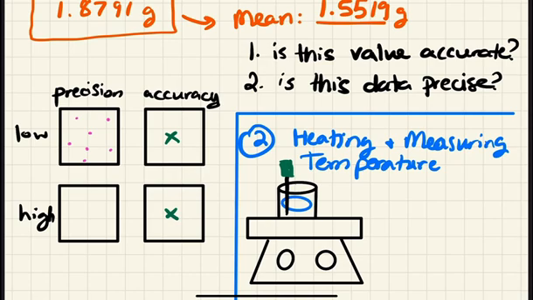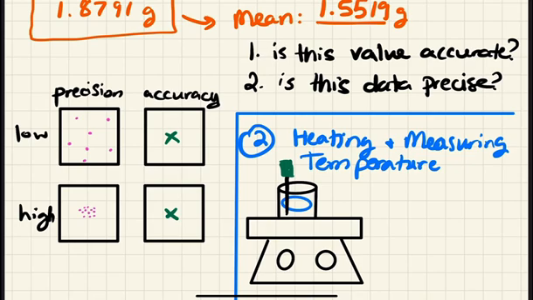And so really, precision is looking at how far apart all of your data points are. On the other hand, we could have a sample where the data points we measure are close together like this, and that would represent a much higher precision. So your data points themselves are close together.